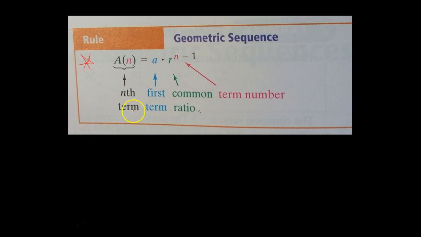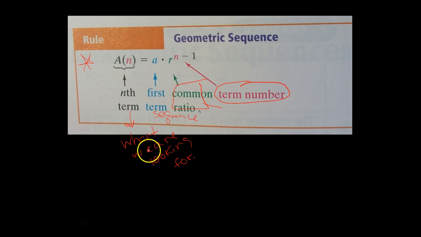The nth term is what we are looking for. A is going to be the very first term in your sequence. The common ratio is what we have been working on so far, so what is happening between each term. And n is your term number, what you're looking for.